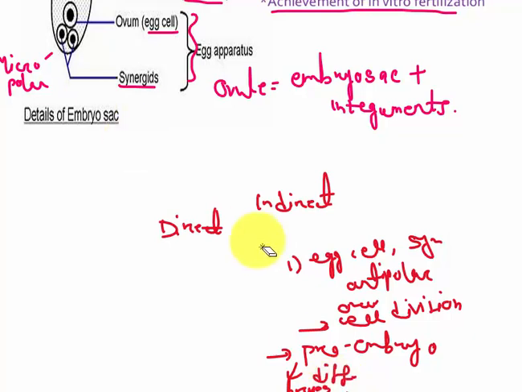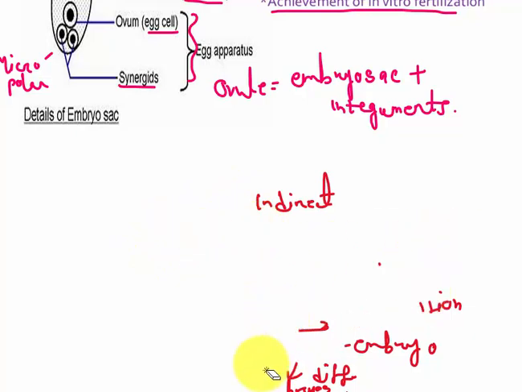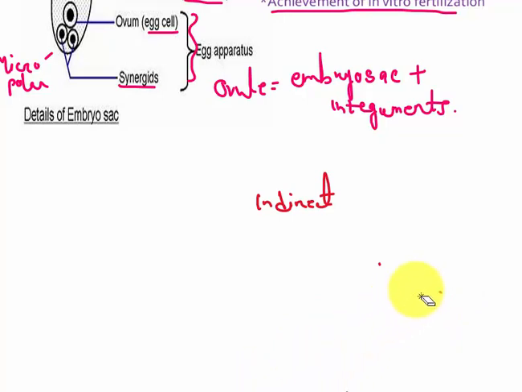In case of the indirect method, as I said, there will be formation of intervening callus. Okay, so in between the synergids, egg cell and the antipodal cells, and the embryo, there will be formation of the callus first. Okay.